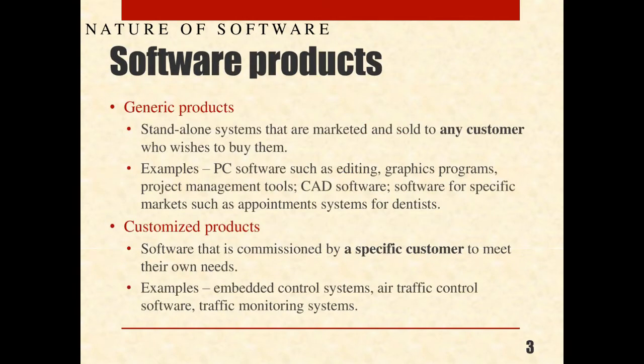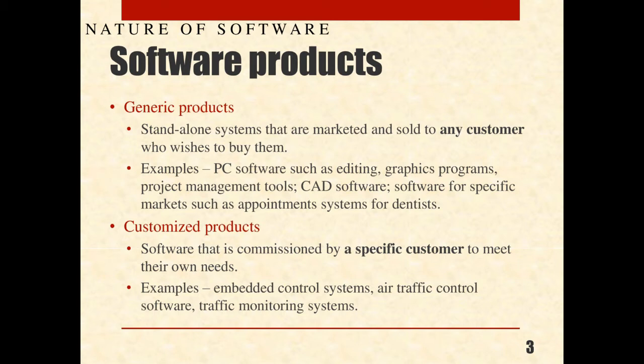Software products are classified into 2: generic products and customized products. Generic products are standalone systems that are marketed and sold to any customer who wishes to buy them.